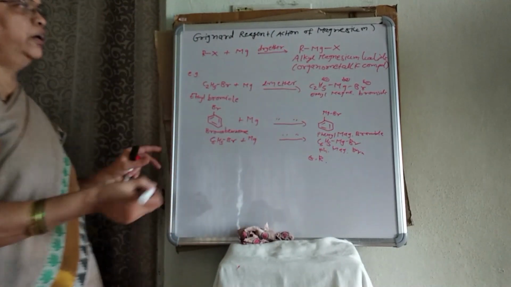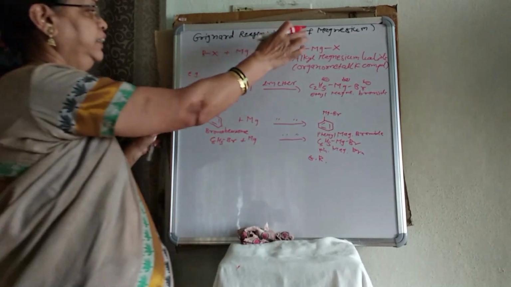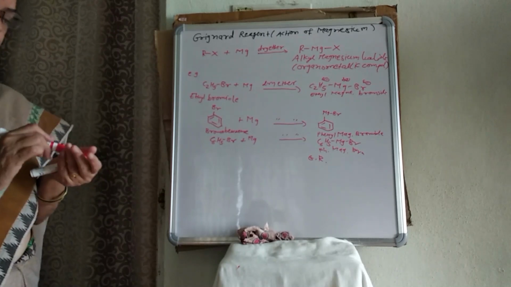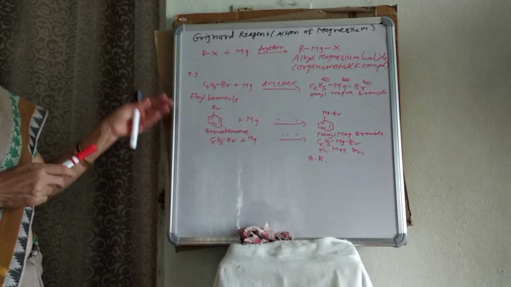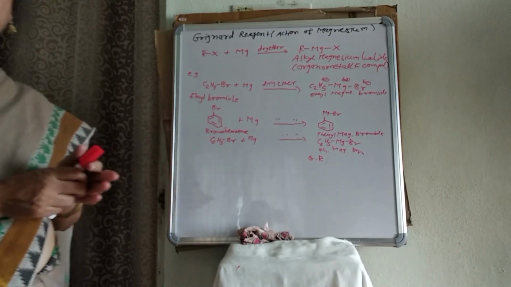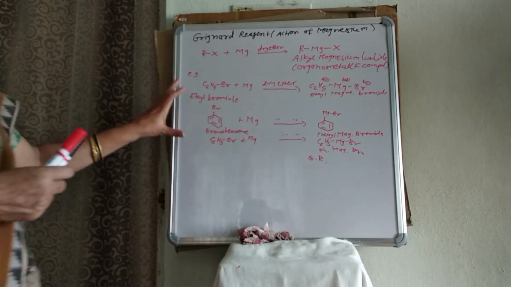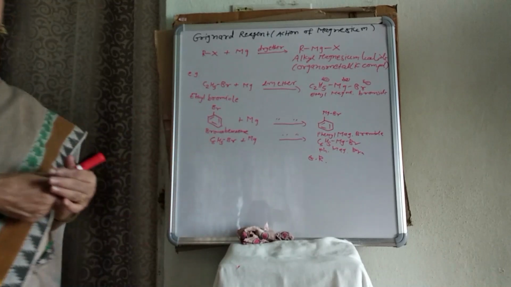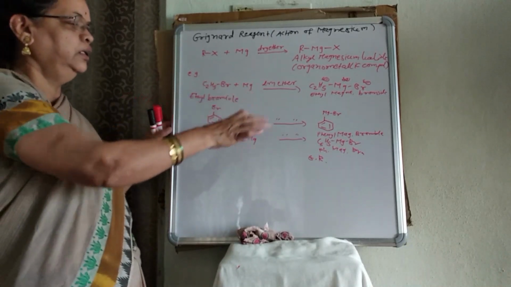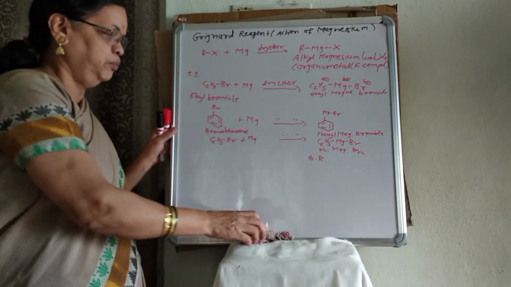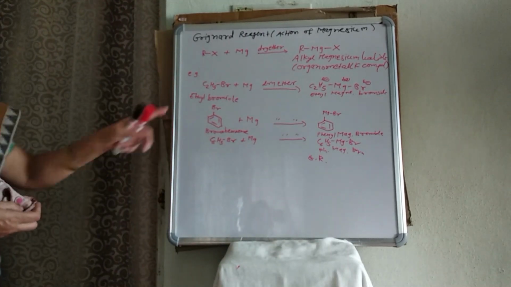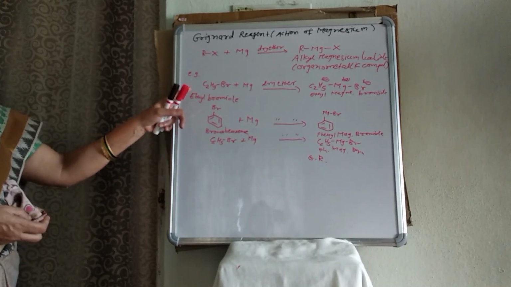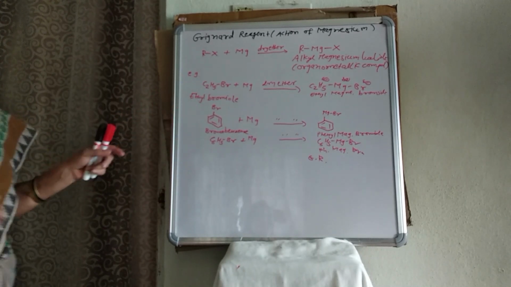So it is also called Grignard's reagent. In short, it is the action of magnesium metal. Okay, so this is about the Grignard reagent found out by the scientist Mr. Grignard. Instead of C2H5, you can take any type of alkyl group you want to prepare, like CH3, or butyl, n-butyl, isobutyl, like that.